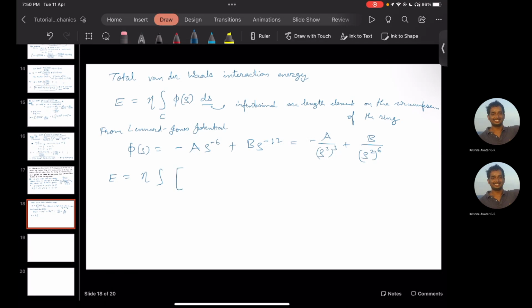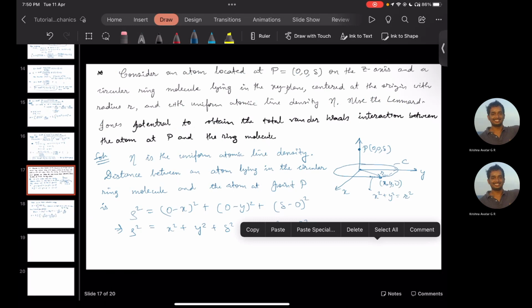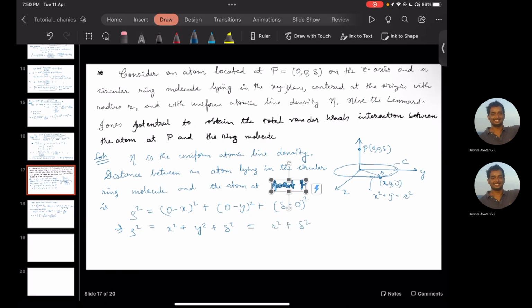So we'll just use that notation here, and all we have is A by r square plus delta square to the power cubed plus B by r square plus delta square to the power 6 into, and now mind you that we can parameterize any point on the circumference of the circle in terms of theta, and this theta is the angle with respect to the x-axis. So this point we'll call r cos theta, r sin theta, is it not?